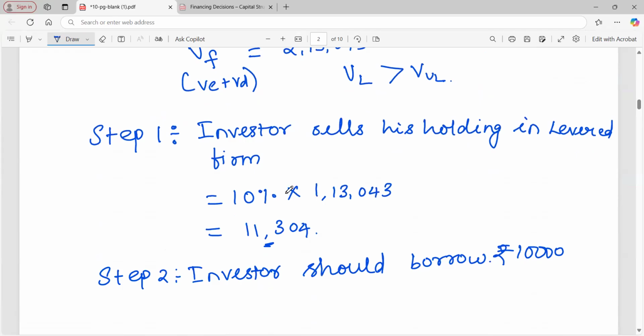Right now, what is he going to do? He is going to invest the money in N Limited. In N Limited, he does not have any financial burden. Why? Because N Limited does not have any debt. Right. So now, N Limited and M Limited cannot be compared directly. Why? Because the investor had a financial burden in M Limited. But by moving his investment from M Limited to N Limited, he is escaping that financial burden.